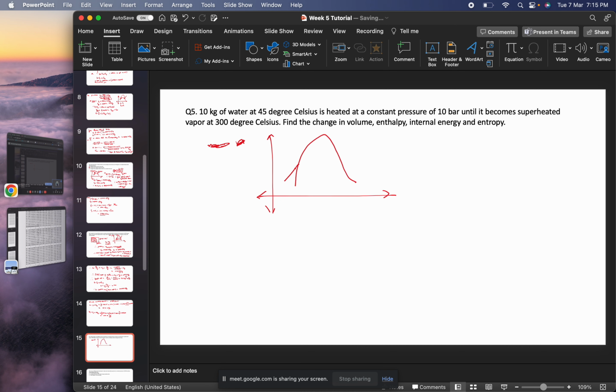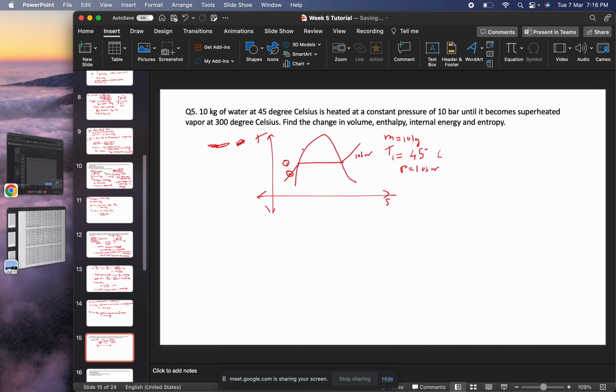So initially it was at here, okay. So since it is telling us water, so liquid state, M is given as 10 kg, okay, and initial temperature is given as 45 degrees Celsius, and at constant pressure the entire process is taking place, so P is your 10 bar, okay.